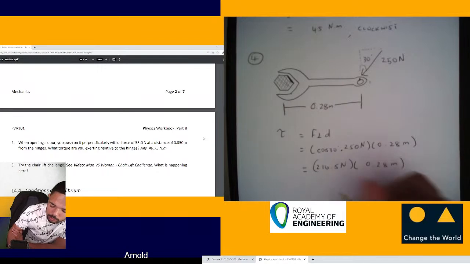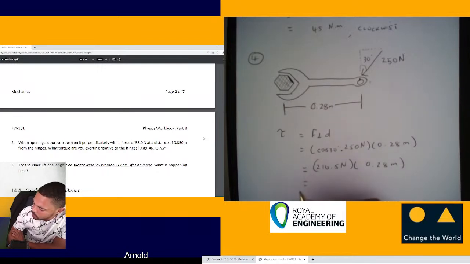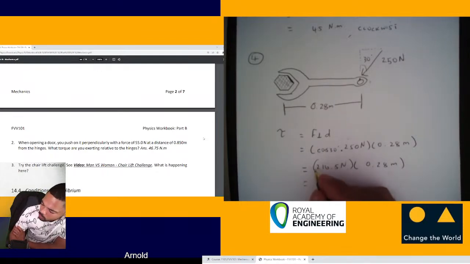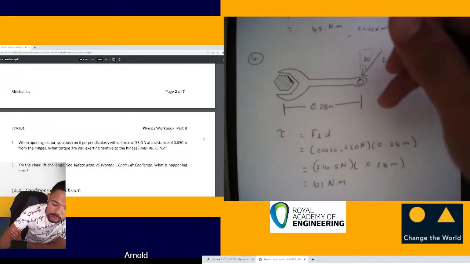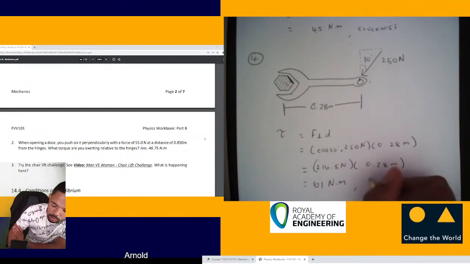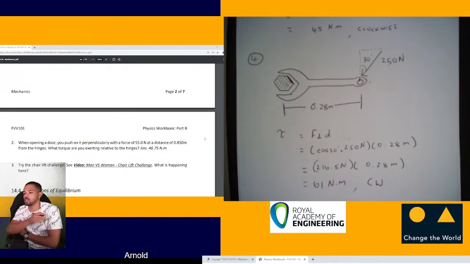Now 28% of that is equal to 61 Newton meters. So it's almost a third. 61 Newton meters of torque. In this case, since it's pushing it down, it's going to be a clockwise direction, clockwise or CW.